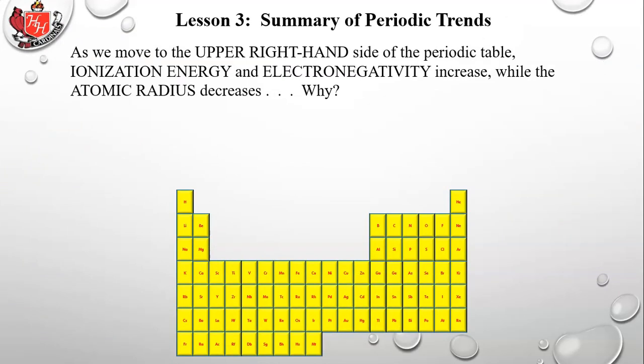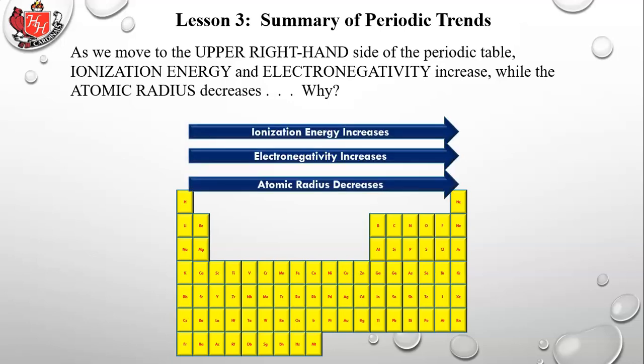So here's a summary of the periodic trends, and you should be aware of these. As we move to the upper right-hand side of the periodic table, ionization energy and electronegativity increase while the atomic radius decreases. Why? The answer to all 3 of those has to do with the number of protons. If you stay in the same row, say the second row, as you move from left to right across the periodic table, you keep adding protons to each element.